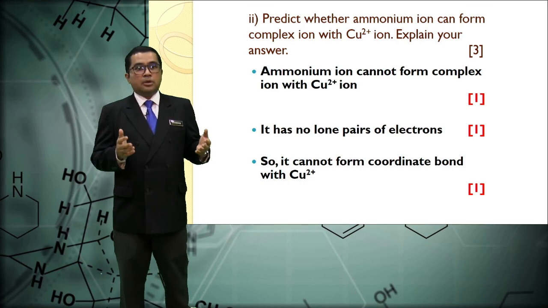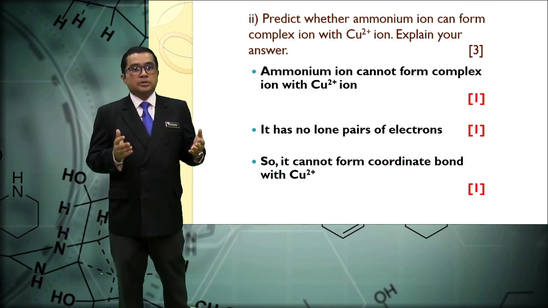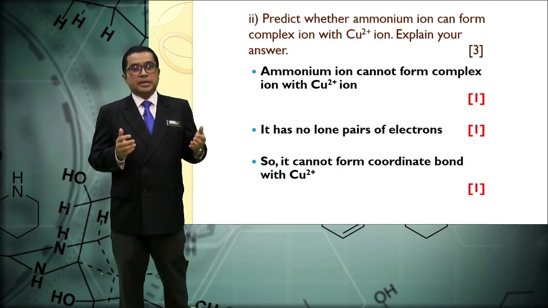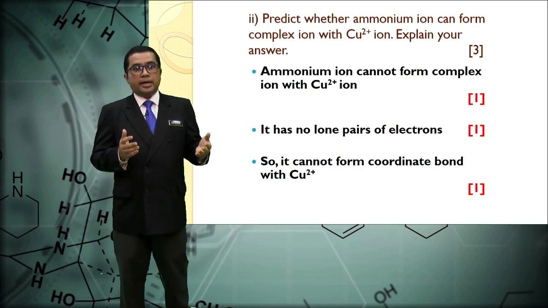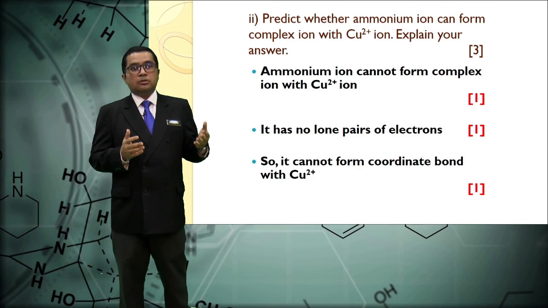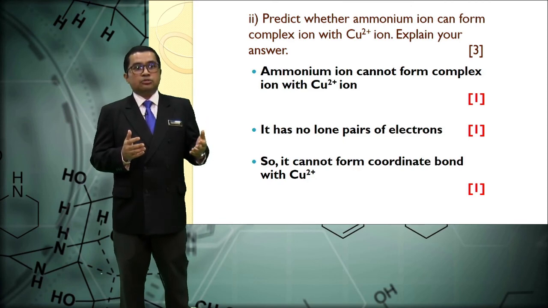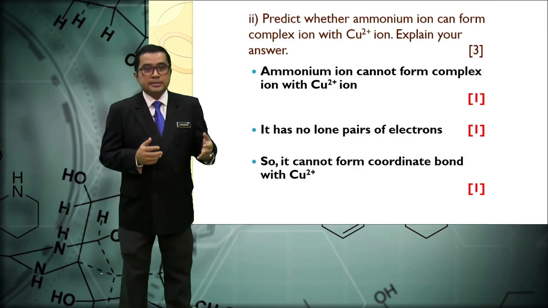So it cannot form a coordinate bond with copper 2+ ion. That is the reason why the ammonium ion cannot form a complex ion with copper 2 ion. Okay, next.